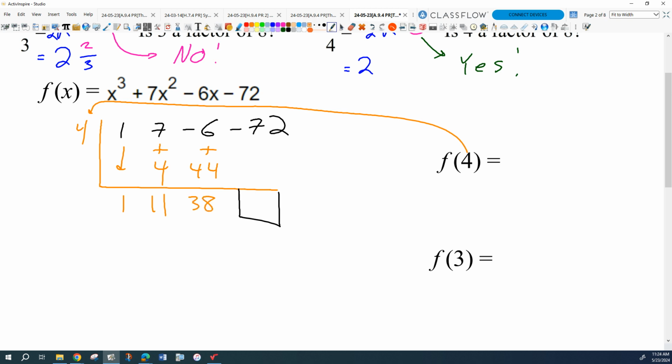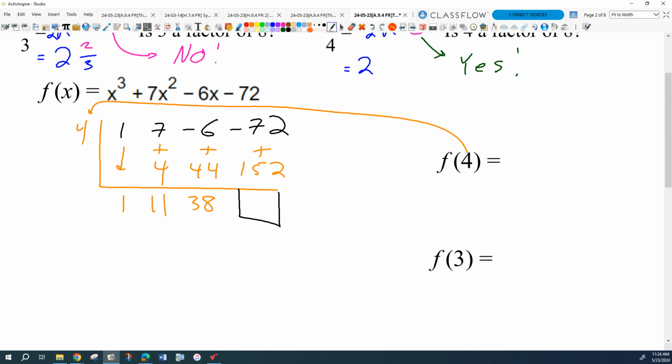And then 4 times 38, yikes. Well, 4 times 40 would be 160 minus 8, so 152. Add those up. What's -72 plus 152? It's 80, right?